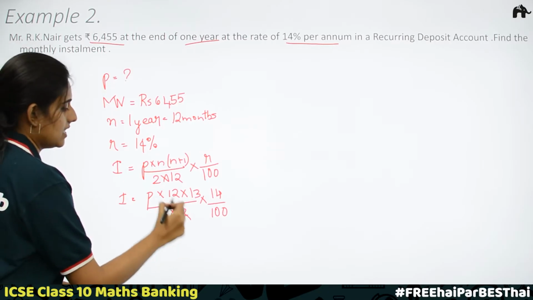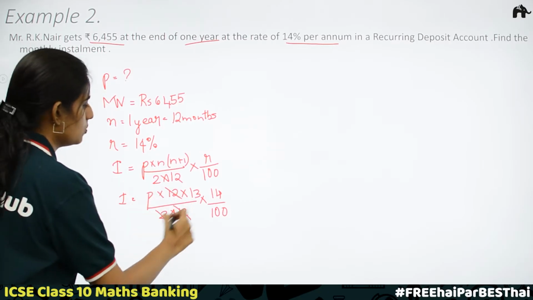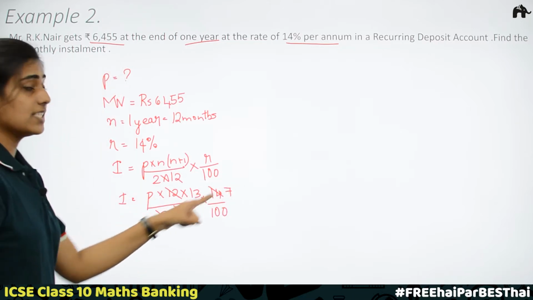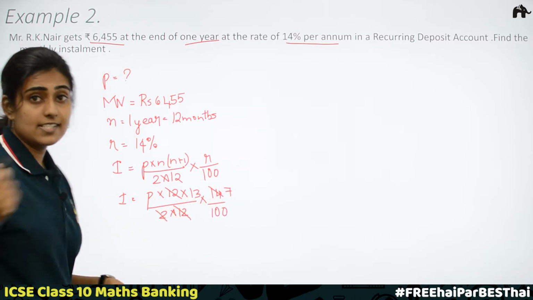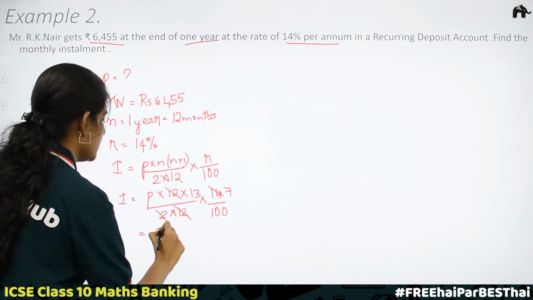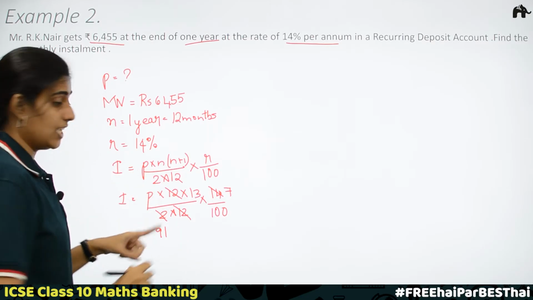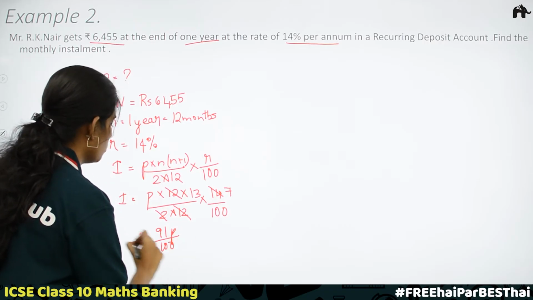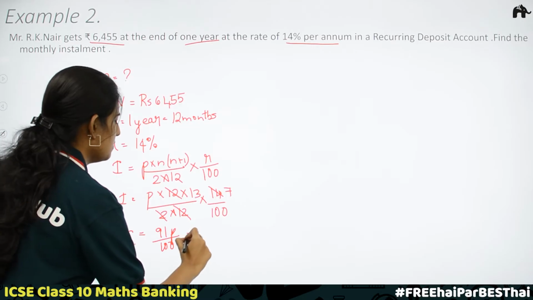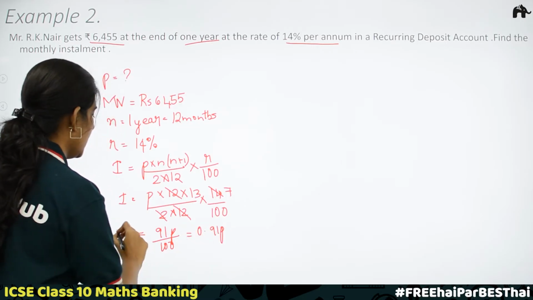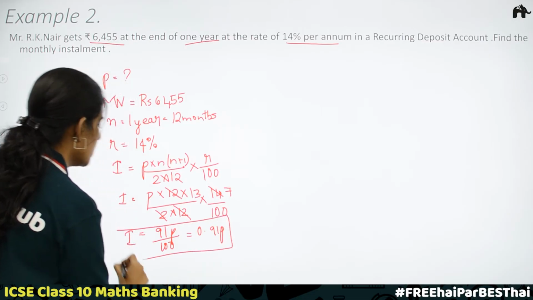We can cancel this 12, then 2 and 14 can be cancelled, you will get 7. 13 into 7 divided by 100. What is 13 into 7? 91. Okay, 91. You have a P here, that is 91P divided by 100. This is what our interest is. This can be written as 0.91P.